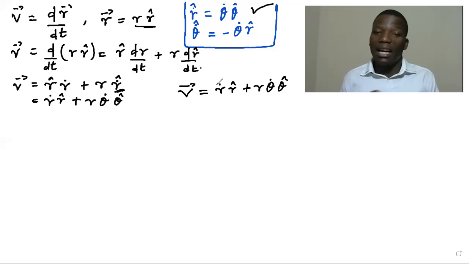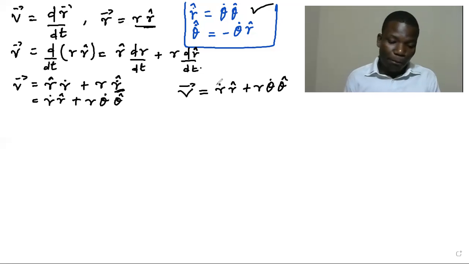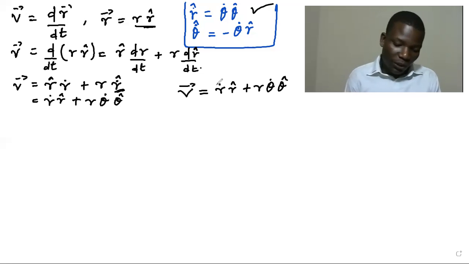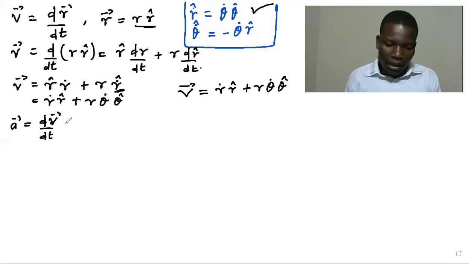So how do we get the acceleration? We get acceleration from velocity. We know that acceleration is given by the change in velocity with respect to time, and we have already found our velocity, which is this.